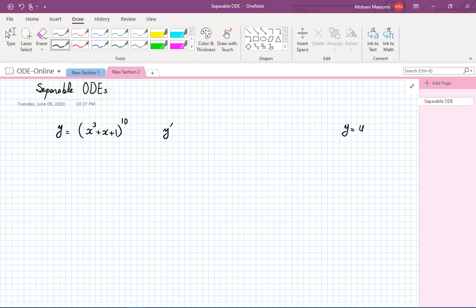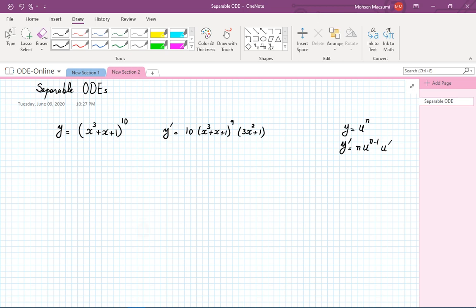If you have an expression raised to the power of n, then the derivative of this is the exponent times the expression to 1 less whole power times the derivative of that expression. So if you want to take a derivative of this thing, it would have been 10 times (x cubed plus x plus 1) to the power of 9, and then the derivative of the base, which is 3x squared plus 1.